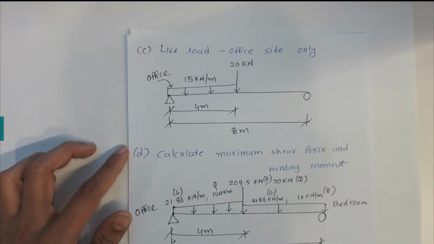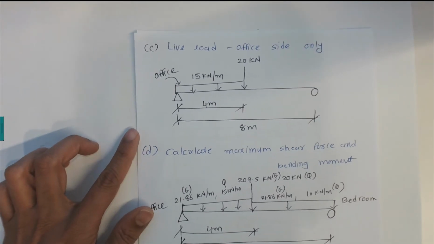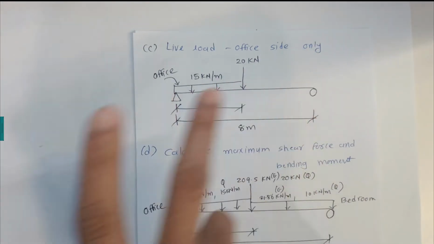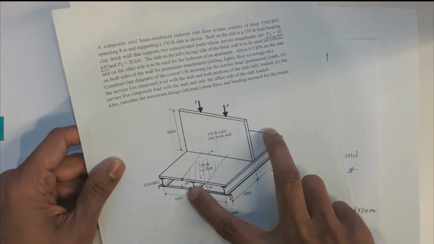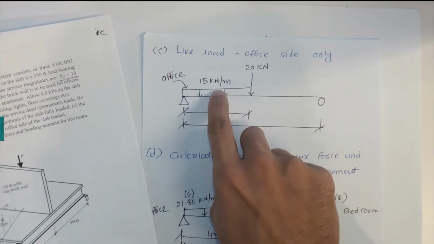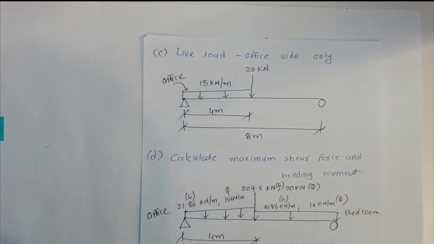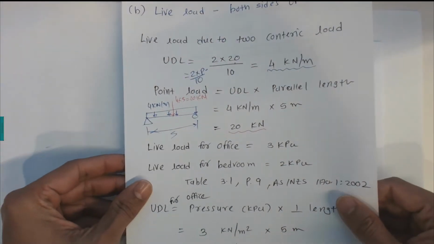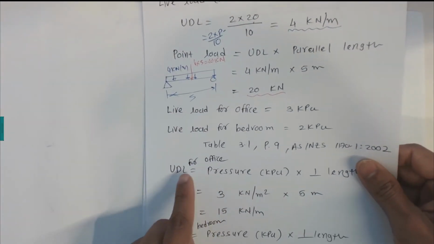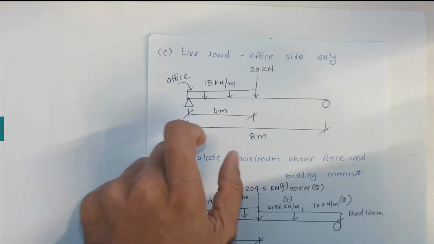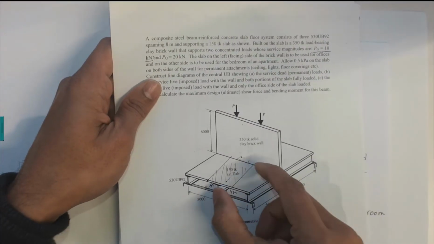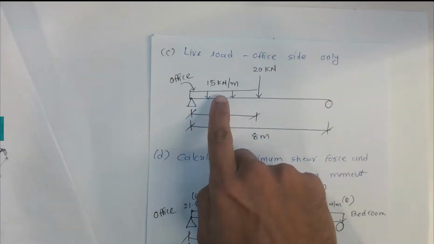It's quite simple in this case because we have done some calculations on this one: live load, office side only, and the wall. If I draw this whole middle beam, which is 8 meters, on the office side we have a live load of 15 kilonewton per meter. We calculated that in our previous video, in the case of B. We put 15 kilonewton per meter on the office side, which is 4 meters here, applying a UDL.